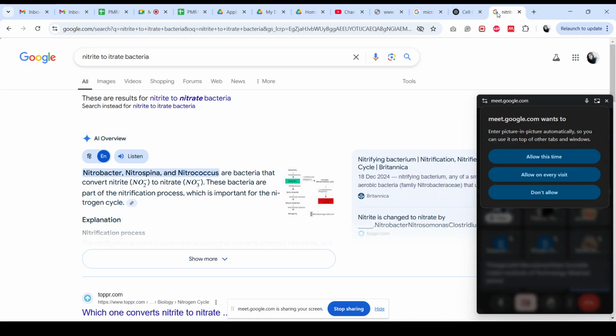So Nitrobacter, Nitrospina, Nitrococcus, all these are used for the conversion of nitrite to nitrate. Nitrite is NO2 minus and nitrate is NO3 minus.